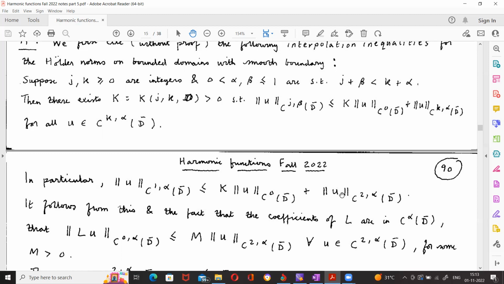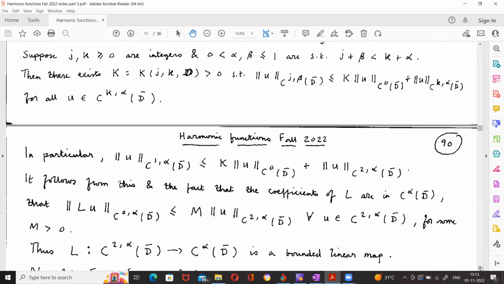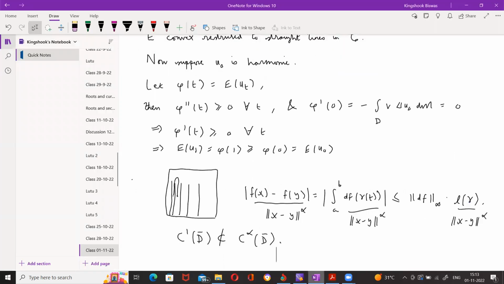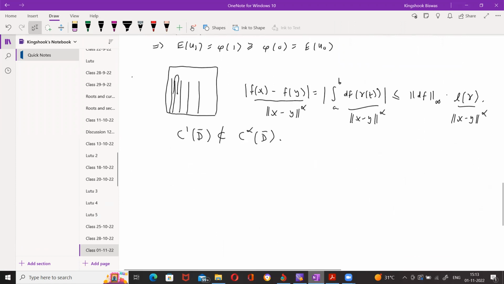Now, from this, what we will get is that when we look at LU, the C0 alpha norm of LU, this we will be able to show is less than a constant times the C2 alpha norm of U. Now how do we show this? Just look at what LU is.